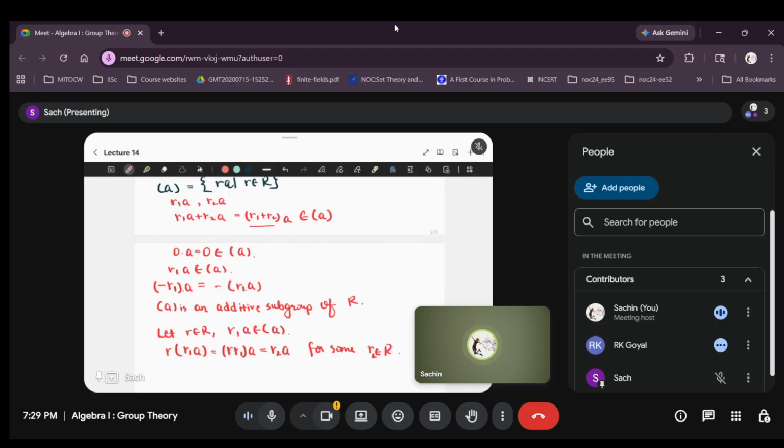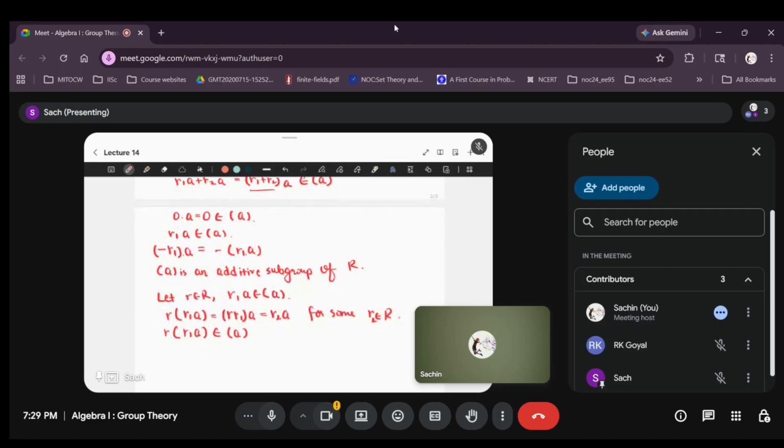But R2A will also be an element of this set generated by A, right? So for any ring element R and any element in this set, its product belongs to the set. So this set that was generated by A is an ideal of R. This is true for any ring R, and by picking any element A in the ring, you can get an ideal.